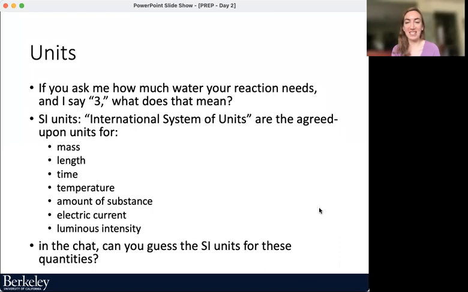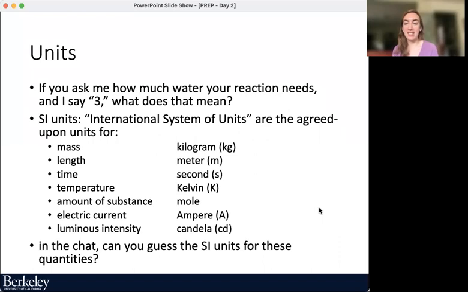Okay, so these are the agreed upon units. Mass is kilograms. Some people said grams in the chat, so we'll talk about the conversion between kilograms and grams. Length is meters, time is seconds, which I think people got. Temperature is Kelvin.